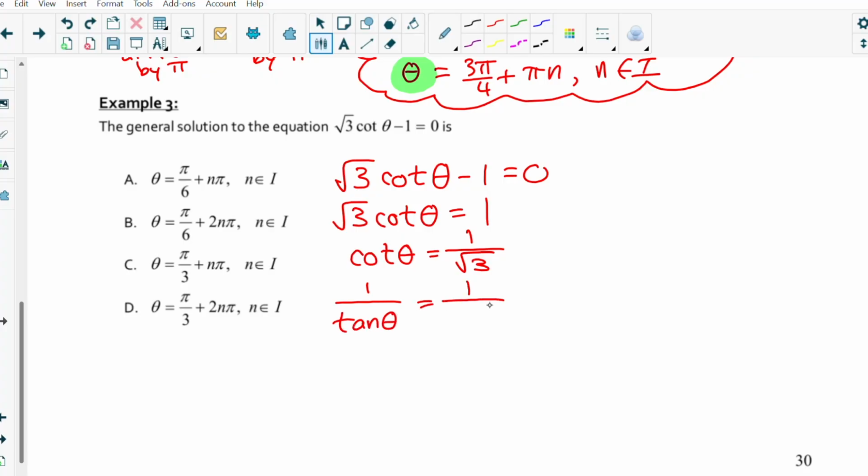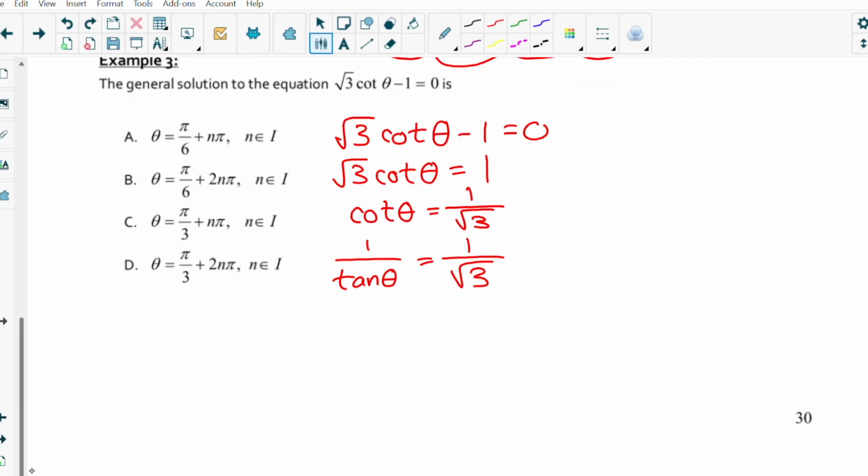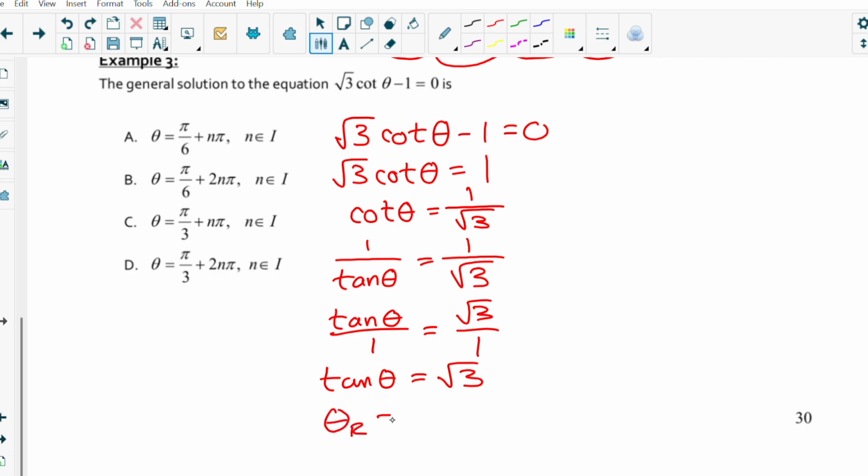So I'm going to solve this in terms of the tangent ratio. So 1 over the tangent of theta equals 1 over the square root of 3. Okay, so I'm using that reciprocal identity. And then when I take the reciprocal of both sides, I have tangent of theta over 1 equals square root of 3 over 1. And I can just write it simply like this. Tangent of theta equals square root of 3.